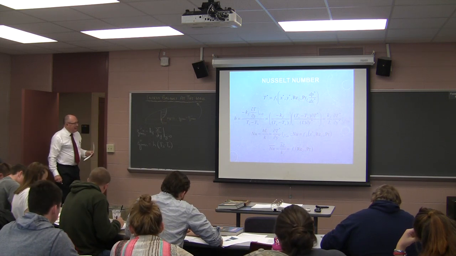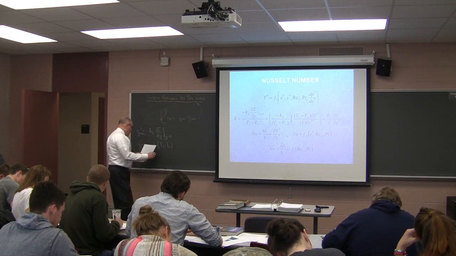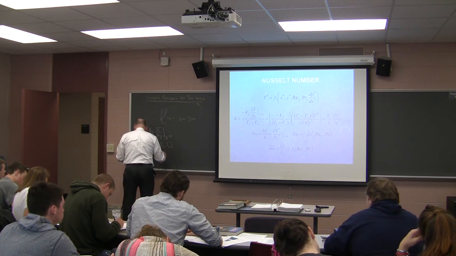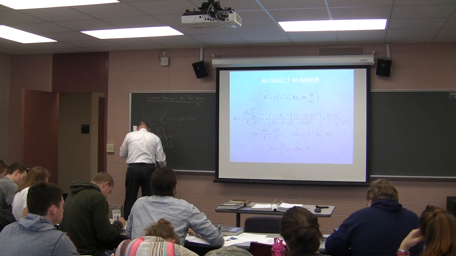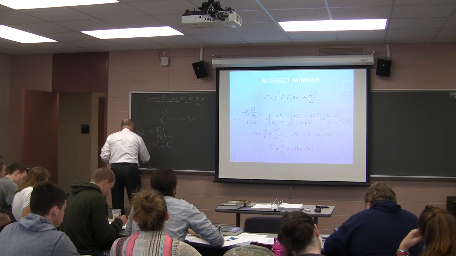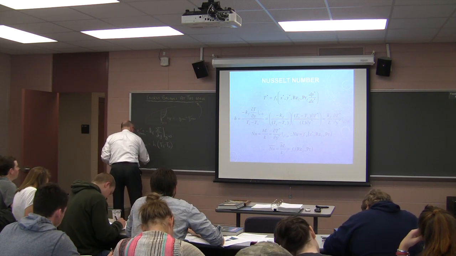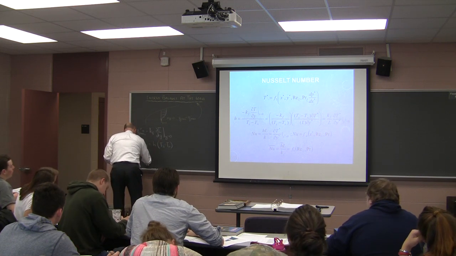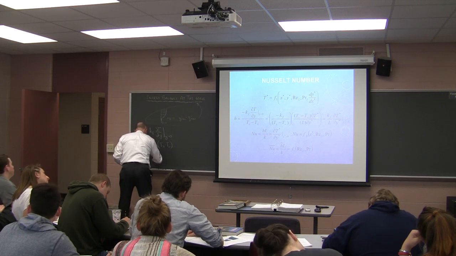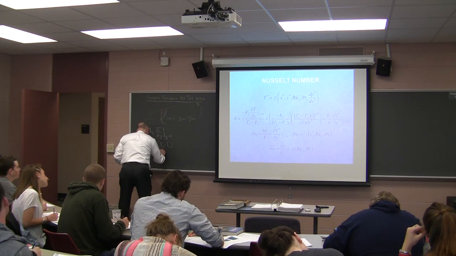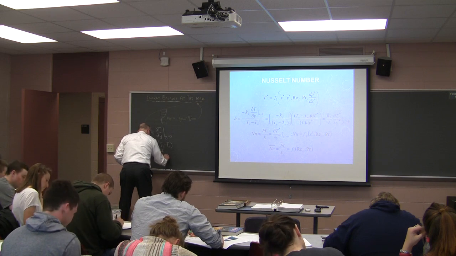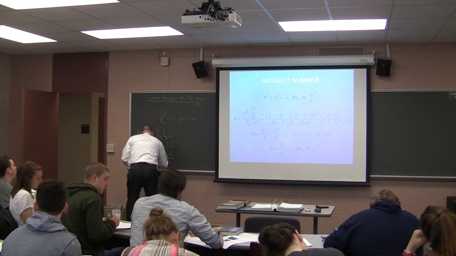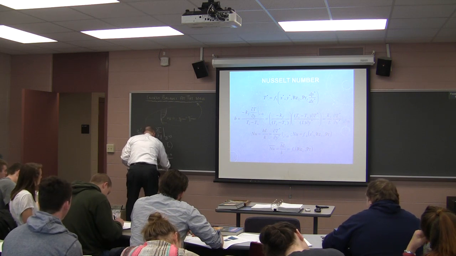Okay. We're going to equate these two. And what we end up with is the following result. If we equate these, we can solve for H, and H then is equal to minus K sub F times the partial of T with respect to Y, evaluated at Y equals 0, over Ts minus T infinity.